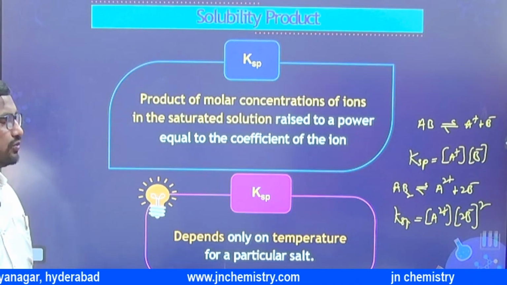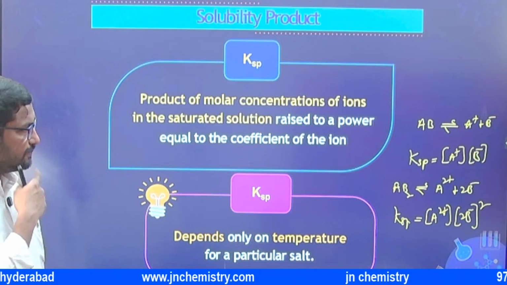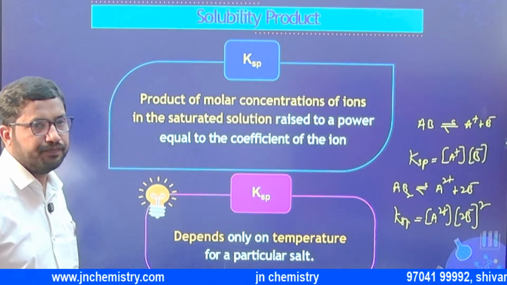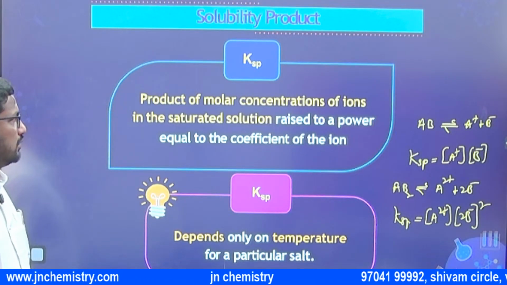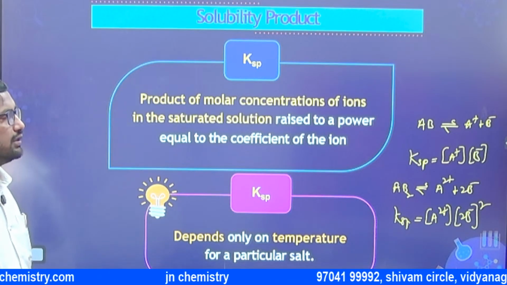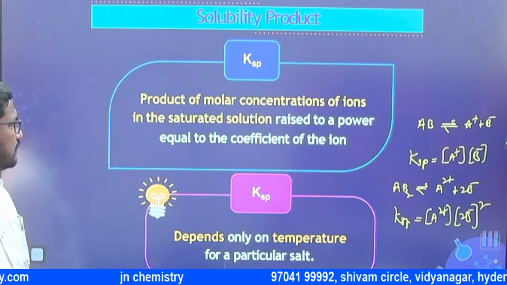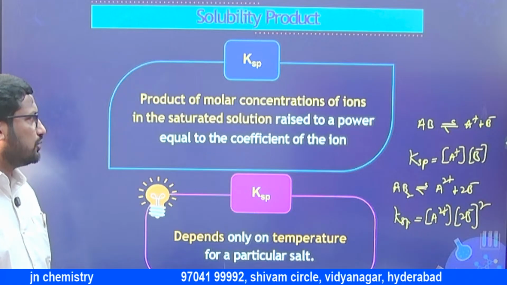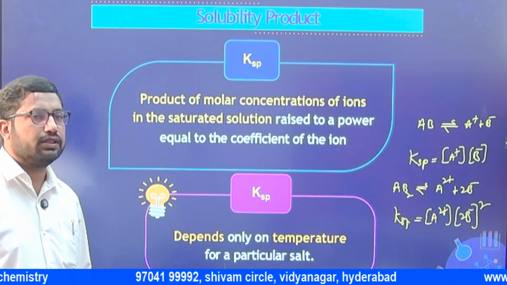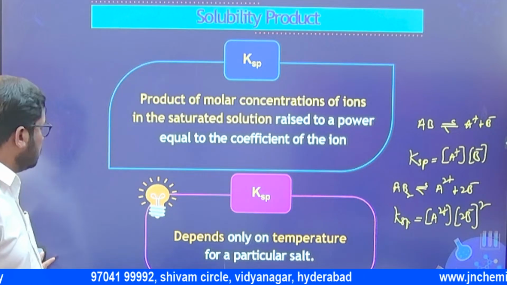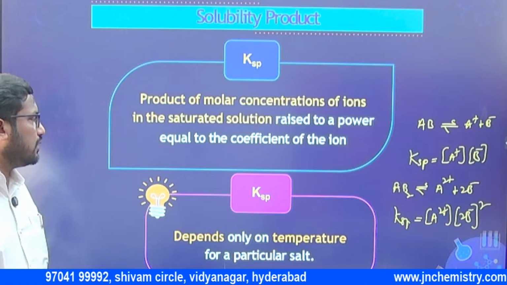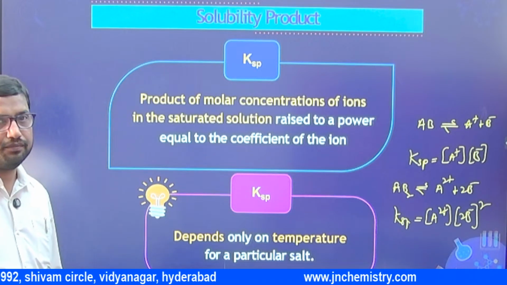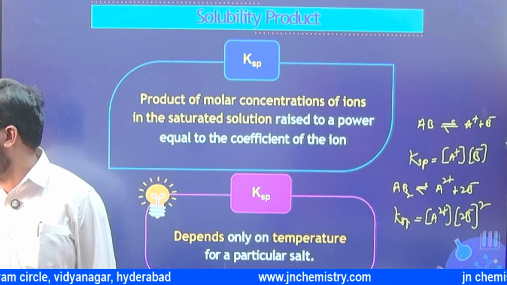So Ksp depends only on temperature. I'll discuss that. The product of molar concentrations of ions in a saturated solution raised to a power equal to the coefficient of the ion. Done?